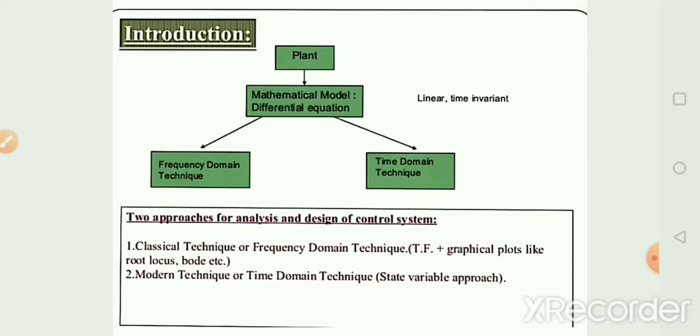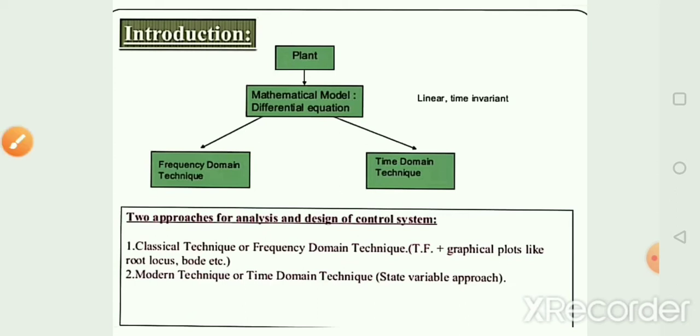The second technique is the modern approach, which is based on the input, output and state variables. We can apply this technique to any type of system, and here we use the Z transform.